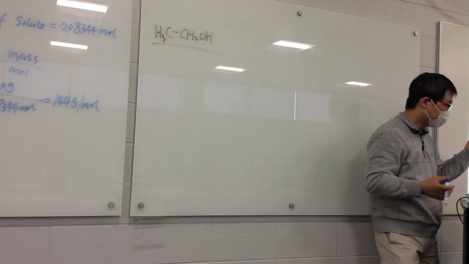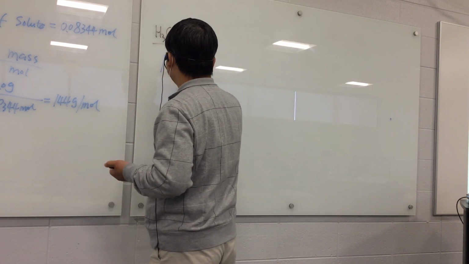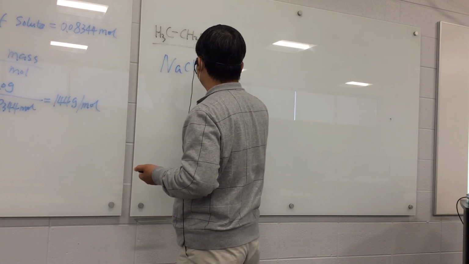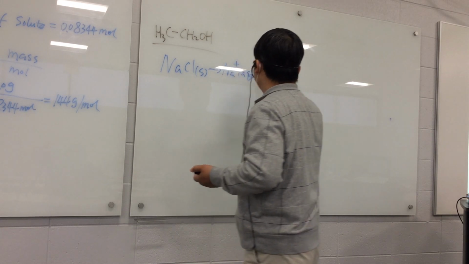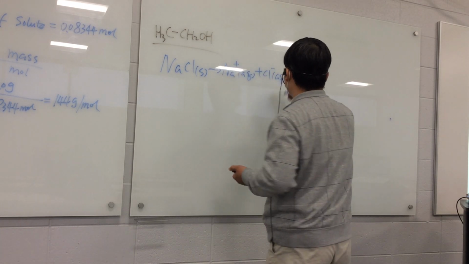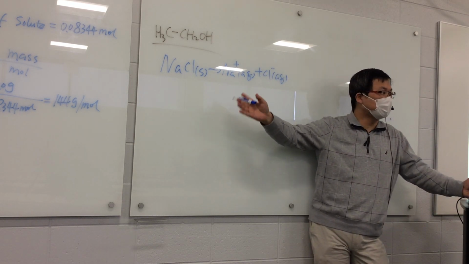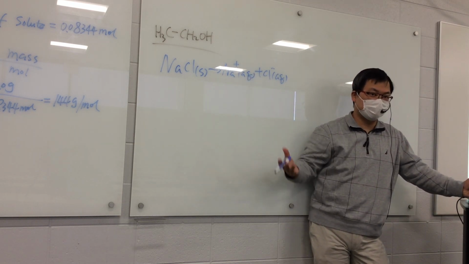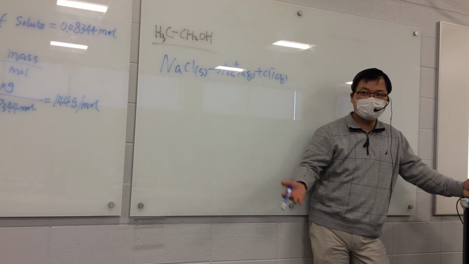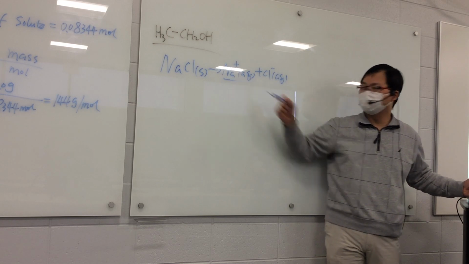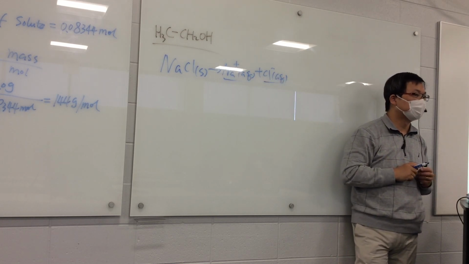In contrast, 1 mole of sodium chloride, as we discussed, right? When dissolved in water, 1 mole of sodium salt dissociates to release 1 mole of sodium ion and 1 mole of chloride ion.